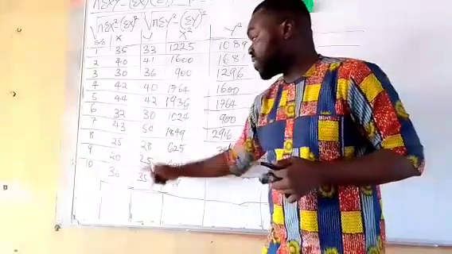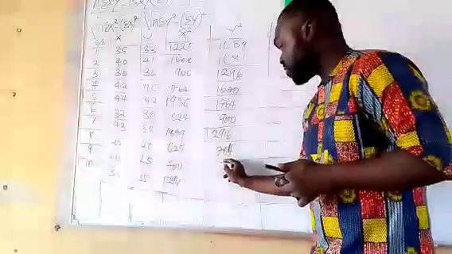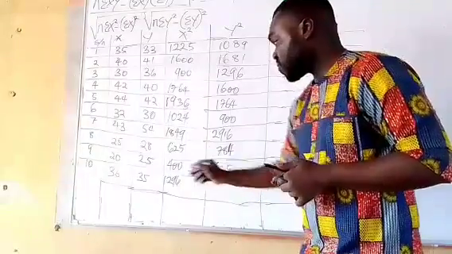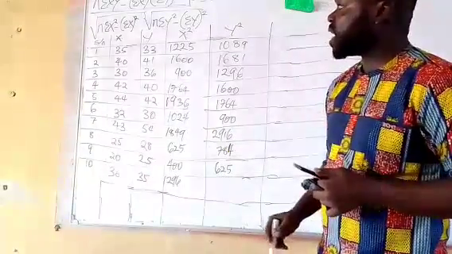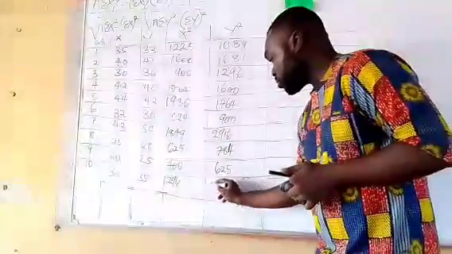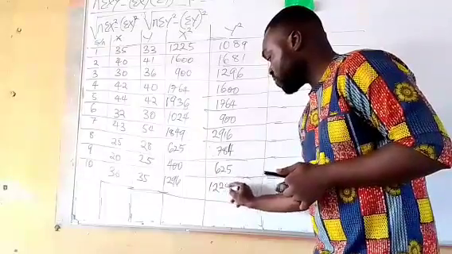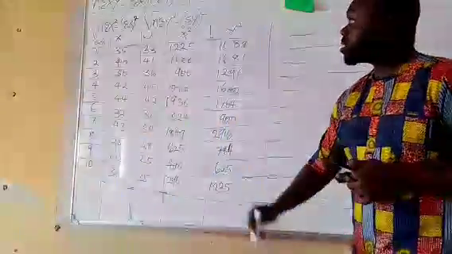All right, 25 times 25, 625. 35 times 35, 1225. Okay, so what is the next one now?